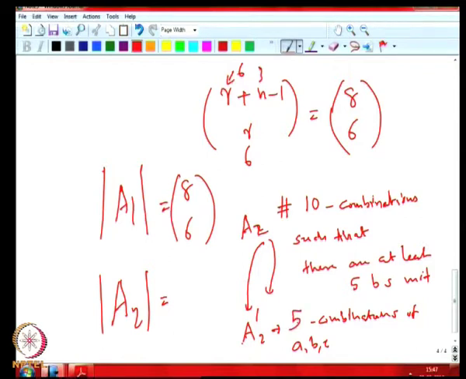For any 10 combination from A2, that means any 10 combination which has at least 5 B's, we can remove 5 B's from it and we get a 5 combination then. And that does not have any restriction, that means it can have even 0 B's.